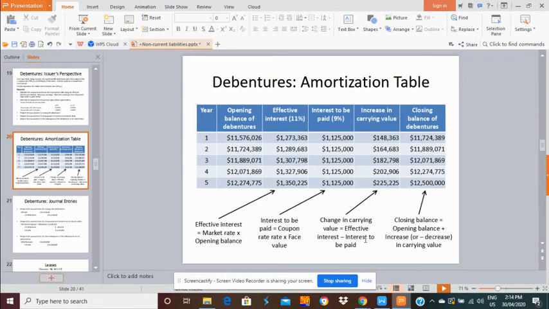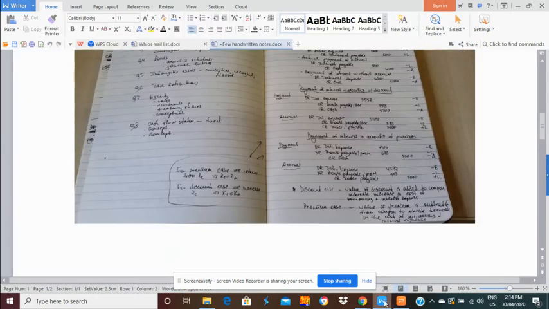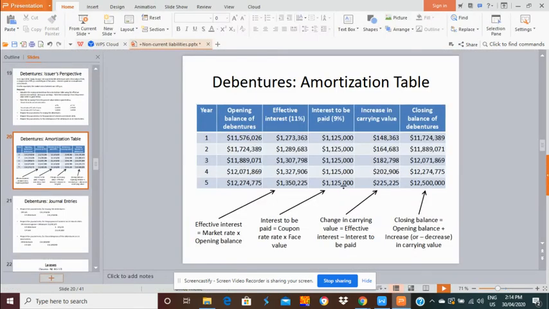So let's compare. You will have one column that will have the coupon interest rate. In other words, these interest payments are the coupon payments of 5,000. So this 5,000 here corresponds to 1.125 million here, this column for the coupon payment.